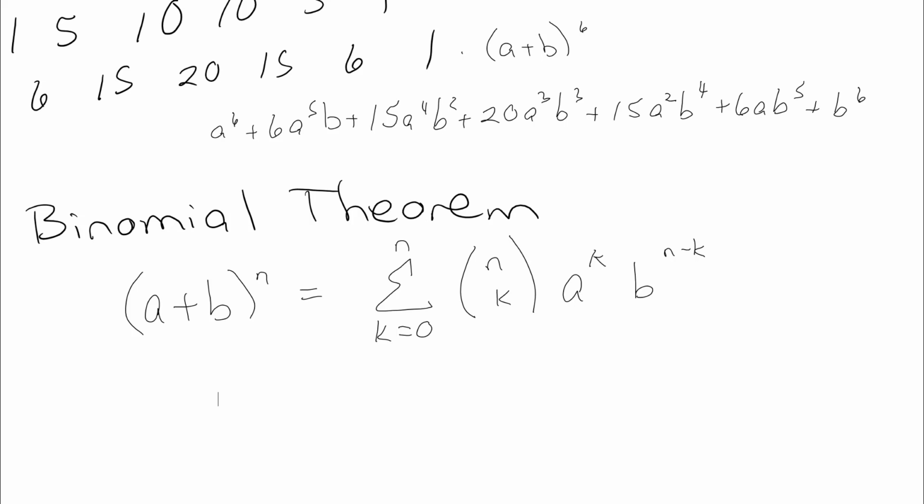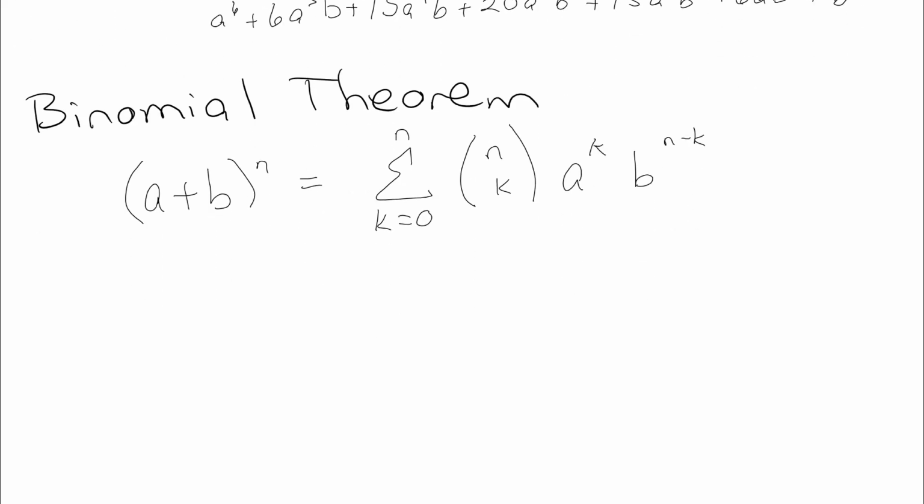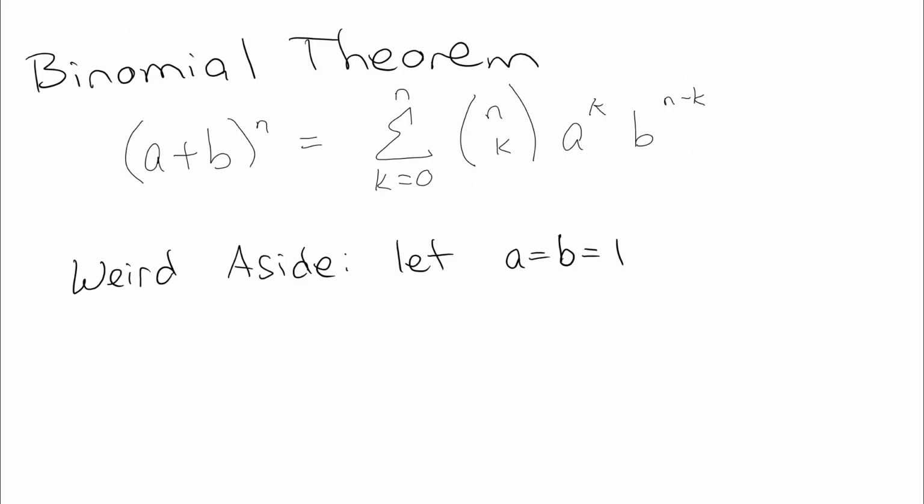So another super kind of weird aside of this, come back. If we let a equal 1 and b equal 1, then what that gives us is 1 plus 1 to the n, also known as 2 to the n.